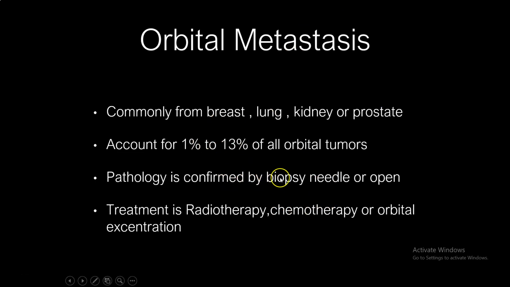Pathology is also confirmed by biopsy, needle or open biopsy, and the treatment, of course, is not surgical. If you want to preserve vision, you give radiotherapy or chemotherapy, but if the vision is lost, or the tumor is causing severe proptosis and exposure keratitis, you have to exenterate the orbit.